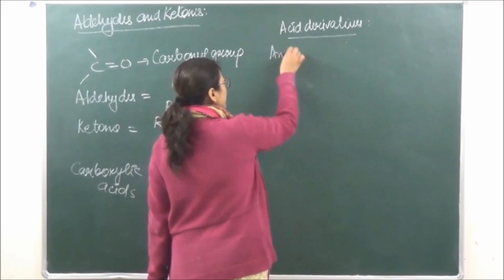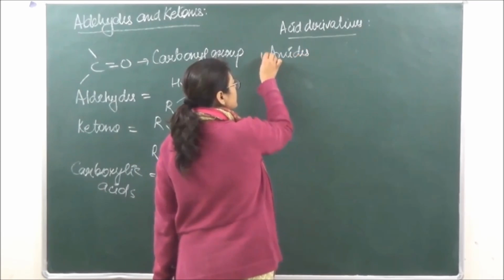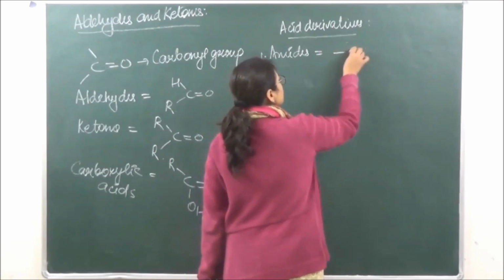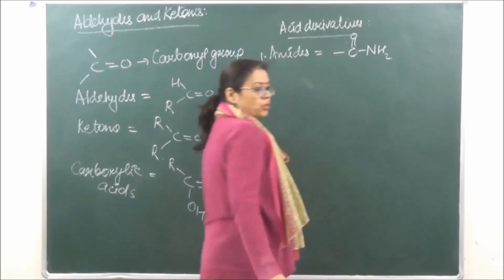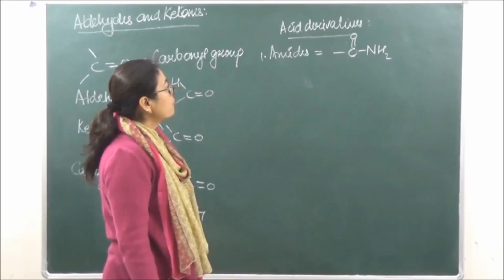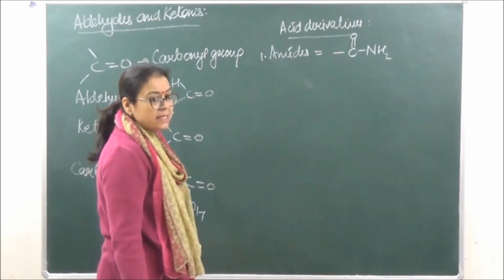The first one which we have is amides, which is C double bond O NH2. ठीक है, so this is derived from the acid, therefore they are known as acid derivatives.